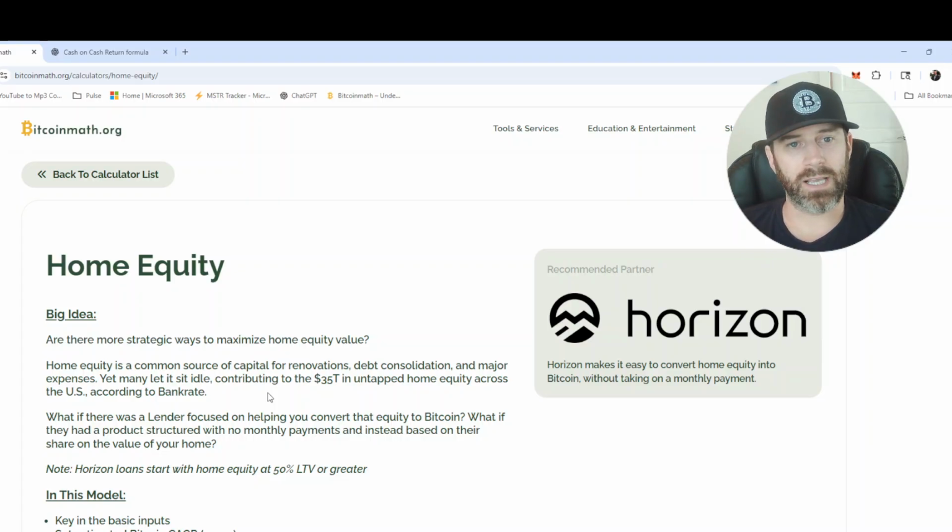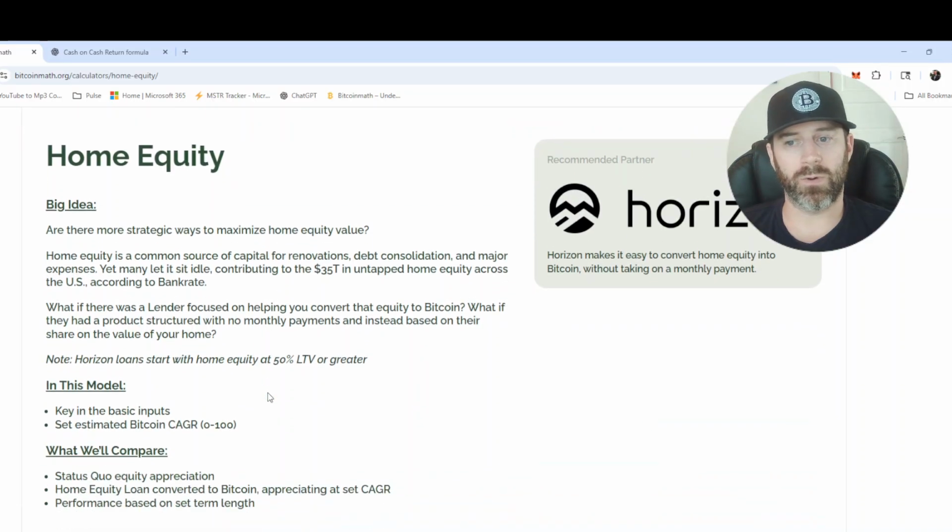Horizon is the answer to that question, but this calculator will help you see what that looks like for you, depending on how much equity you have, what the Bitcoin price does, and how the lender's terms, rates, structures and fees affect what your payoff is over a specified period of time. There are lots of different inputs here, and I encourage you to play around with all of them so you can see directionally what the return would be if these variables were to play out the way you configure.